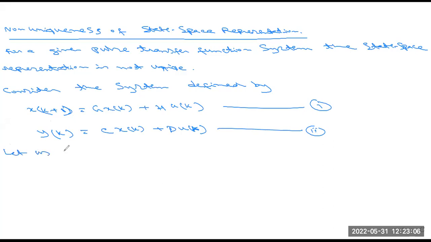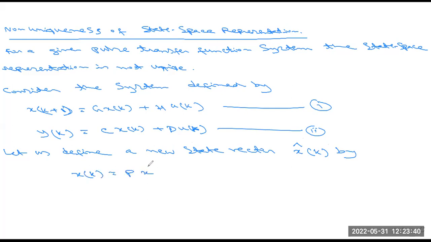Let us define a new state vector. You know that we have to express the vector symbol, that is the x vector. That is the new state vector, x vector k, and the equation we have to express is x of k equals P into x vector k.